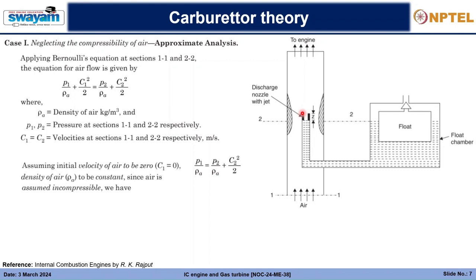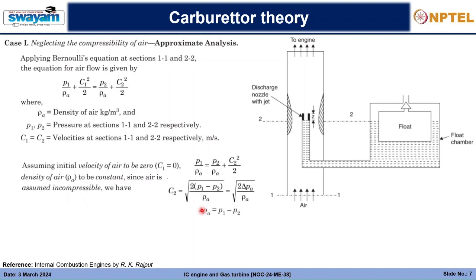Next, we will assume the initial velocity of air to be 0, or C1 equals 0, for simplicity, because in comparison to C2, C1 is quite small. That's why we can assume that. And the density of air rho is assumed constant, since air is assumed incompressible.